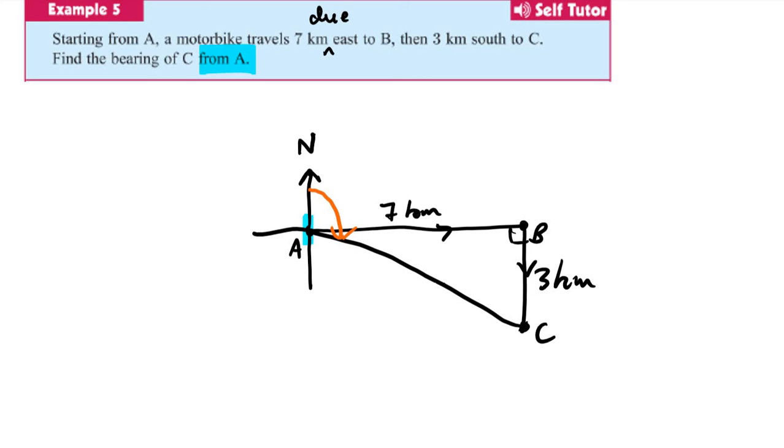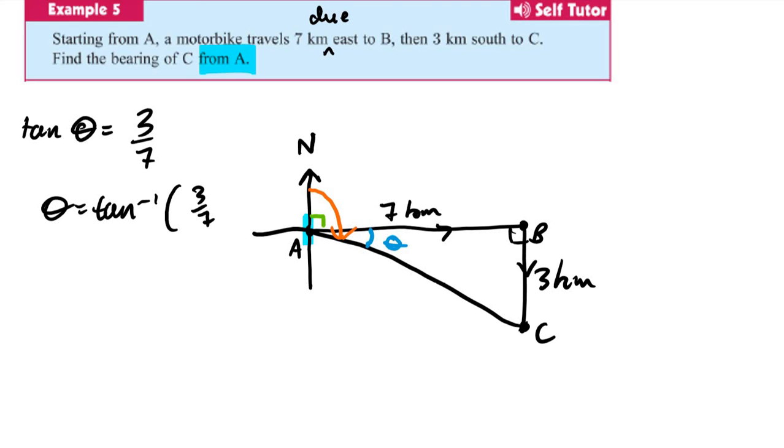That bearing is made up of 90 degrees plus this angle in here, which I'm going to call theta. So, looking at that triangle, we've got tan theta equals opposite over adjacent. Theta is the inverse tan or arctan of 3/7, and that works out to be approximately 23.2 degrees.